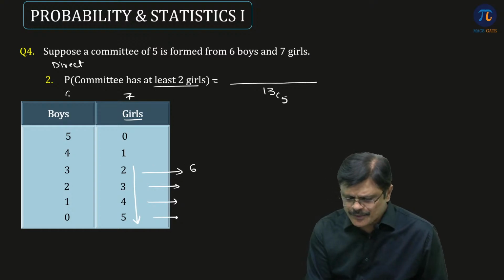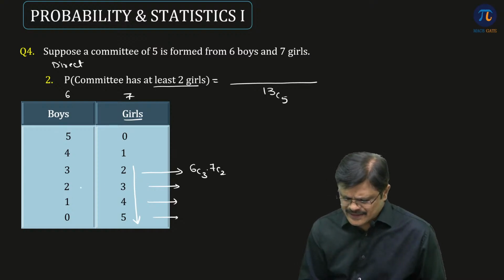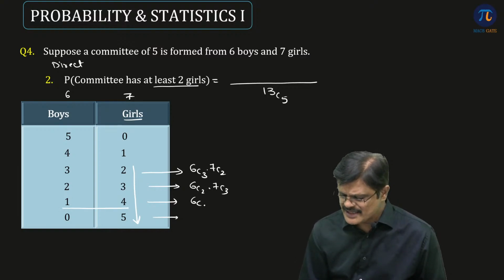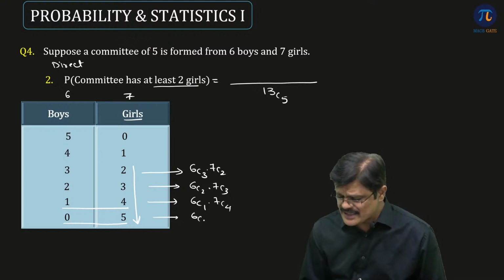It is equivalent to 6C3 into 7C2, that is the number of ways of selecting 3 boys and 2 girls, plus 6C2 into 7C3, plus 6C1 into 7C4, plus 6C0 into 7C5.